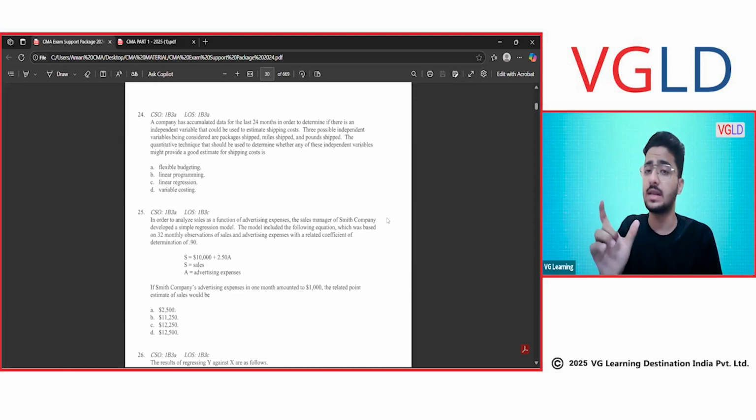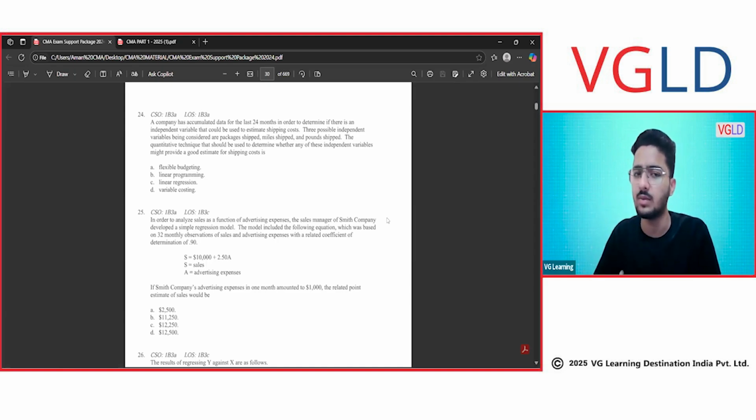The quantitative technique that should be used to determine whether any of these independent variables might provide a good estimate for shipping cost is dash. It's simple, it's a linear regression, like the relationship between the independent variable and the dependent variable. So that makes C the correct answer.